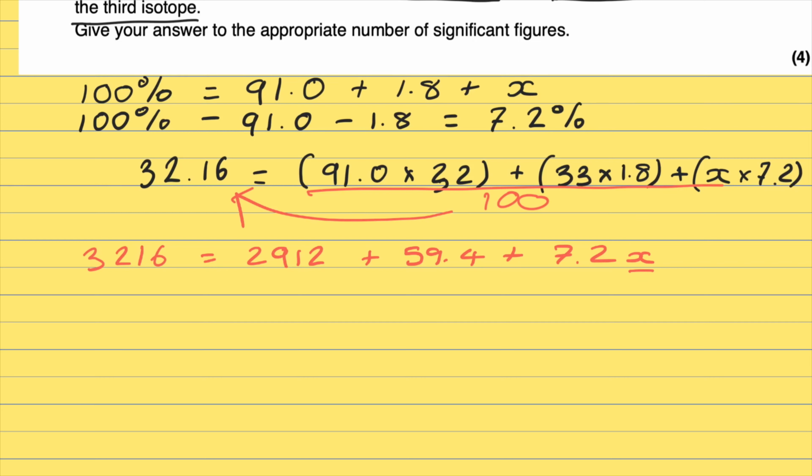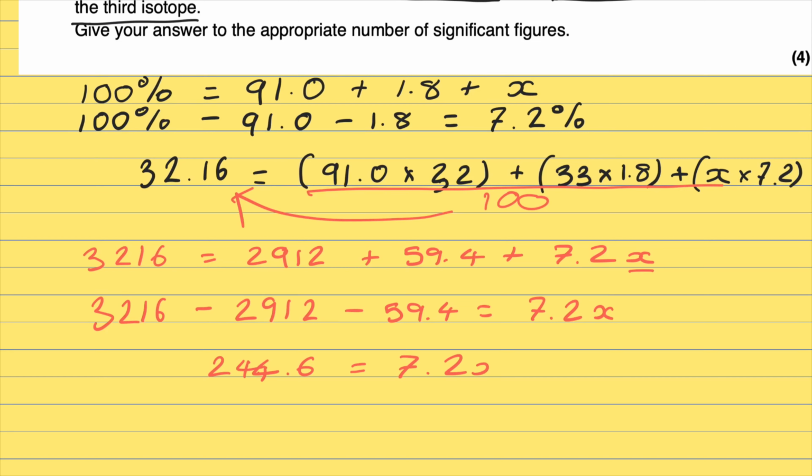Because these are all added, we can take them away. So 3216, take away 2912, take away 59.4 equals 7.2x. We work this out, 3216 minus 2912 minus 59.4, and we get 244.6 equals 7.2x.